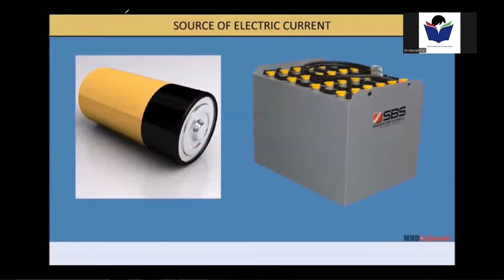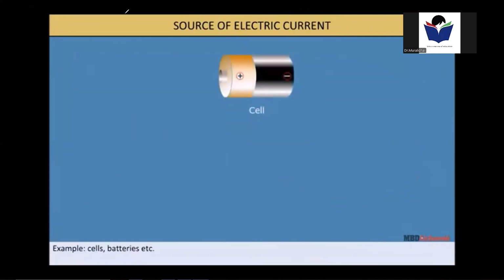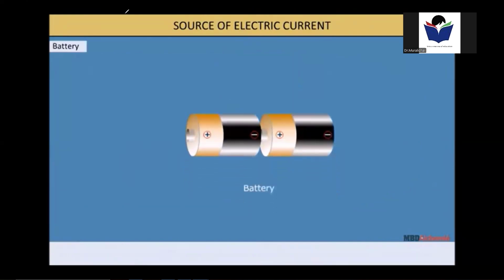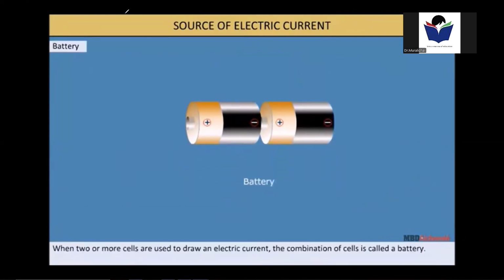Source of electric current. A device that produces an electric current is called a source of electric current. Example, cells, batteries, etc. Battery. When two or more cells are used to draw an electric current, the combination of cells is called a battery. In a battery, the positive terminal of one cell is connected to the negative terminal of the next cell.